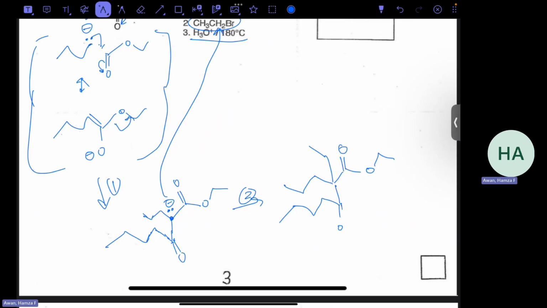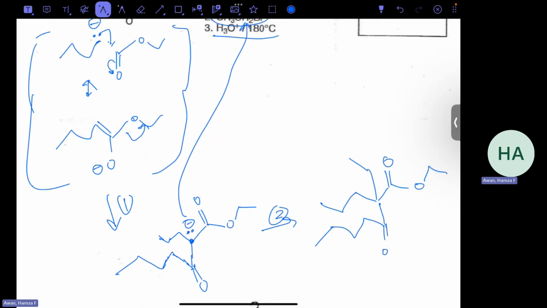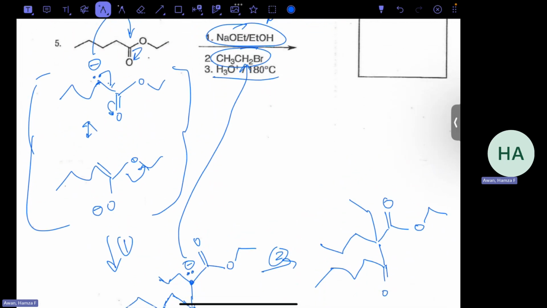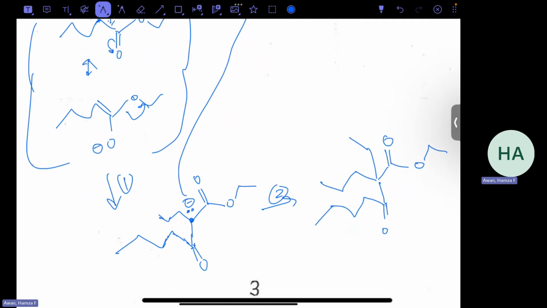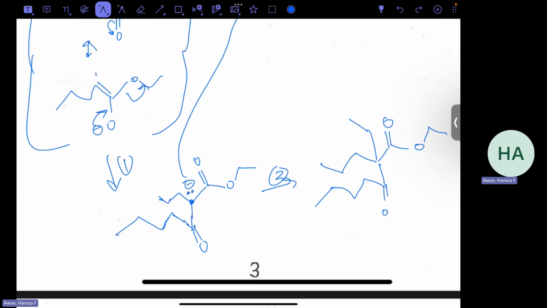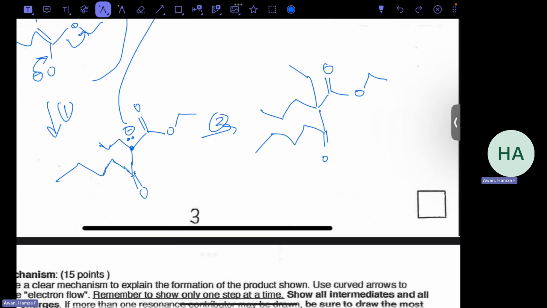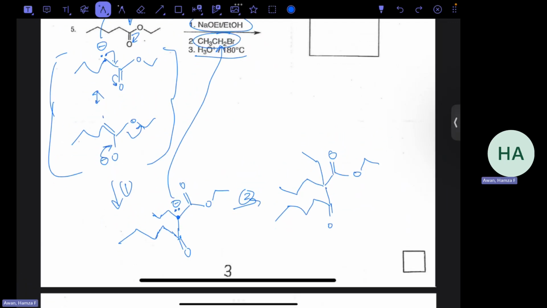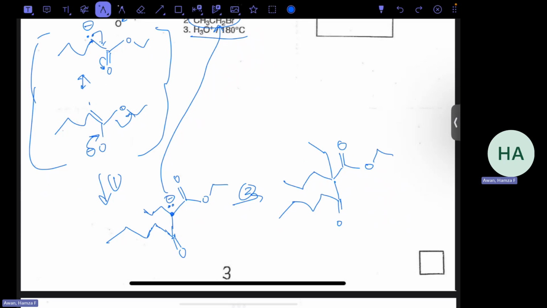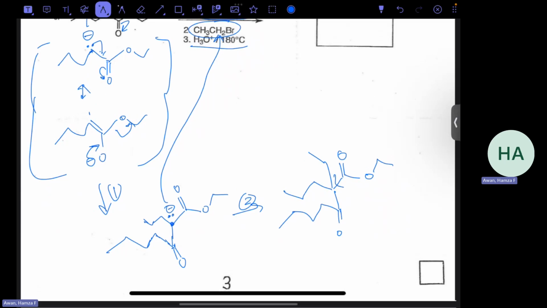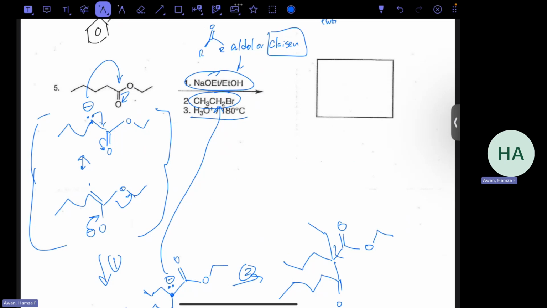So whenever it attacks itself, we have the O minus transition state connected like this. However, this O minus is going to retake that double bond and kick off this ester bond, and so now we have the ketone and the ester. That makes a lot more sense. And now H3O at 180 degrees Celsius is going to cut off this ester right here, and we have just the ketone remaining.